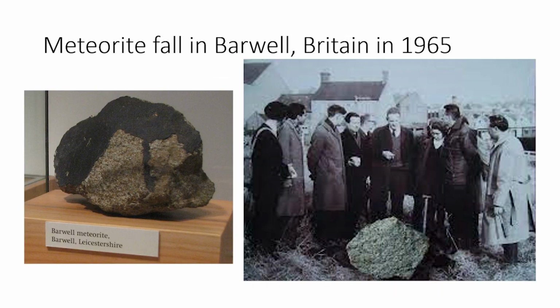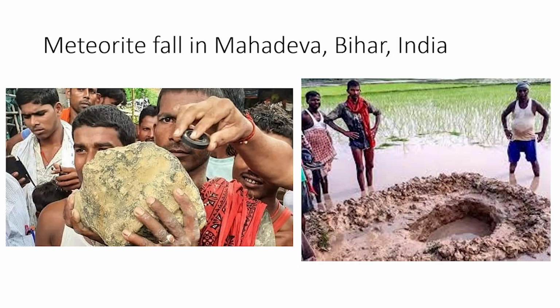Then another one, a meteorite fall was seen in Barwell, Britain in 1965. Then another one, a meteorite fall in Mahadeva, Bihar, India. Can you see the pit that it has formed when it reached the Earth's surface?